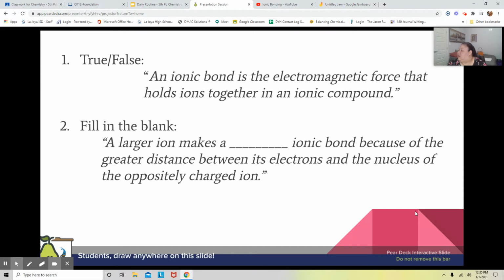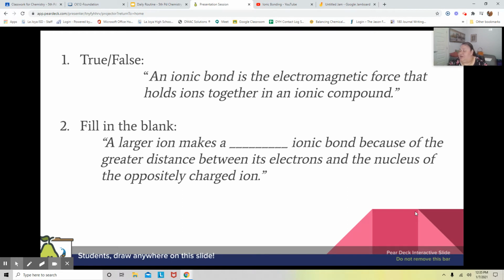What does your gut say about this statement? What makes it false? What do you think, Irvin? Mr. Irvin? No?